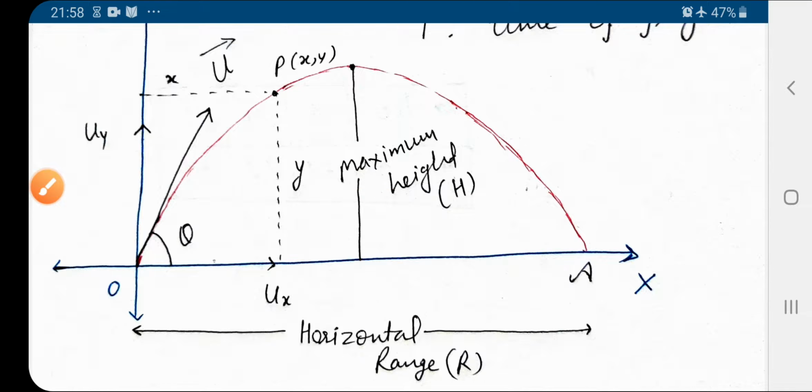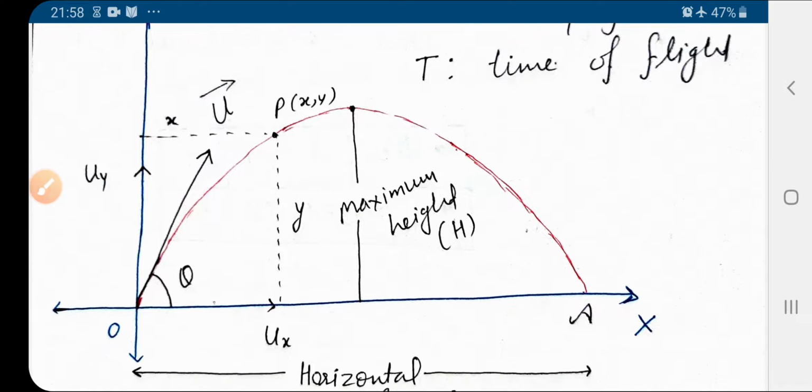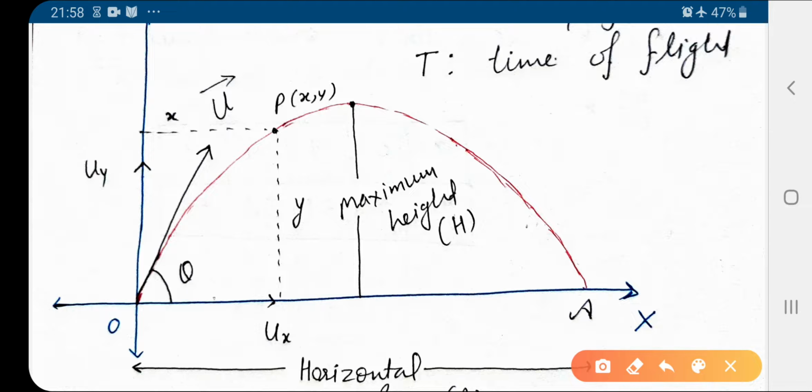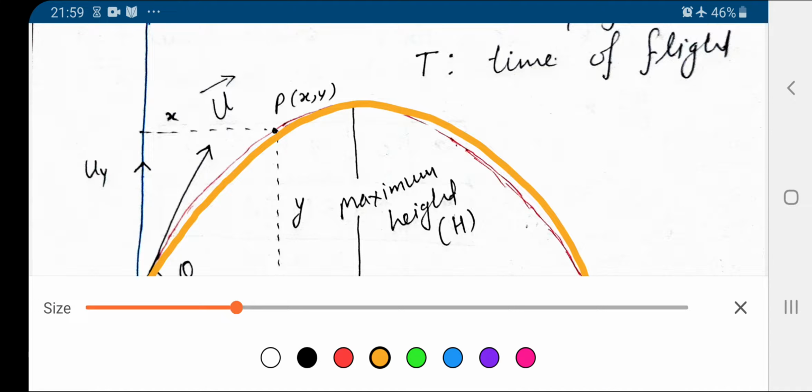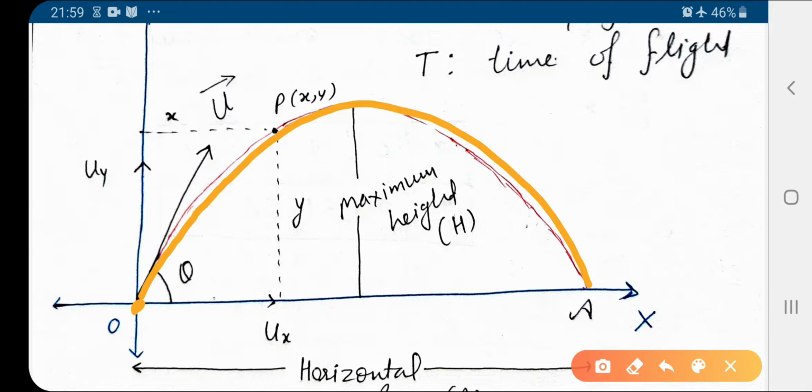As I already told you in the last class, if this is the projectile, body is projected from point O along this path, then this is the maximum height that we calculate today.